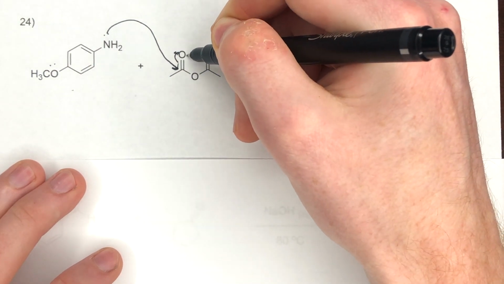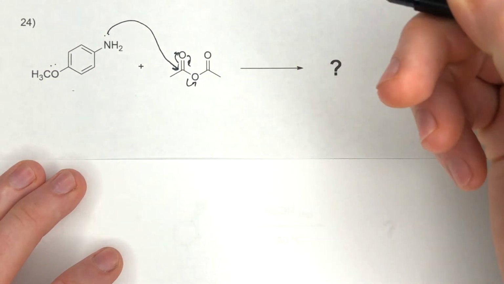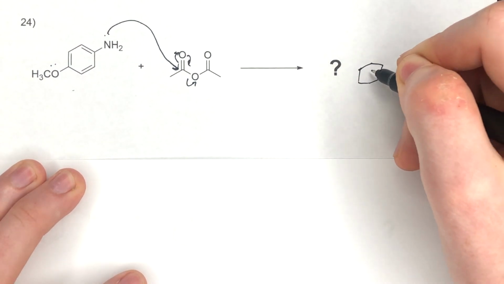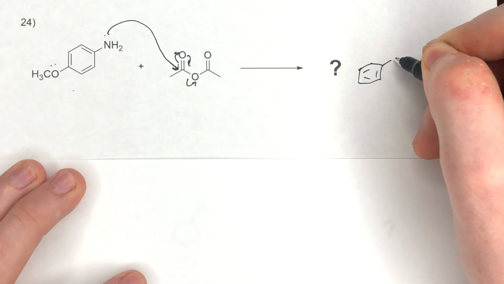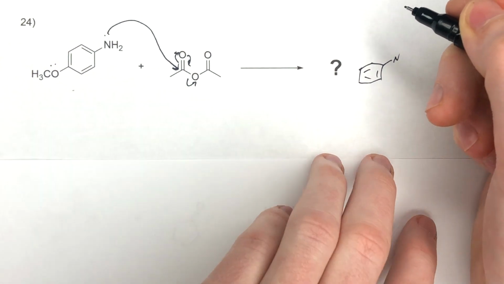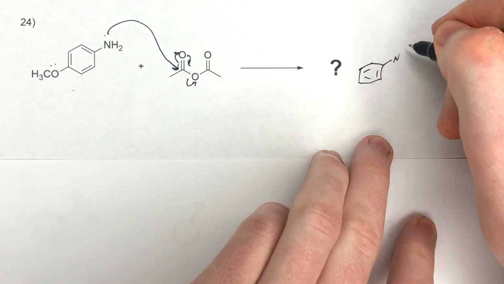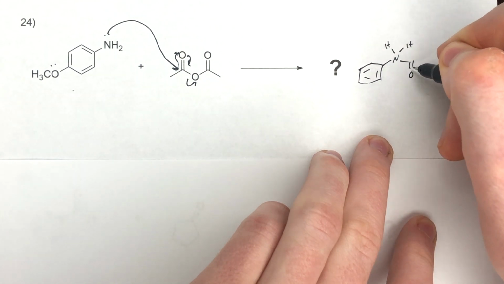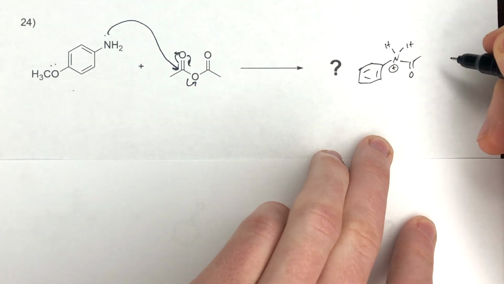So again, I'll abbreviate the acyl substitution mechanism like this, and this will give you this intermediate here.